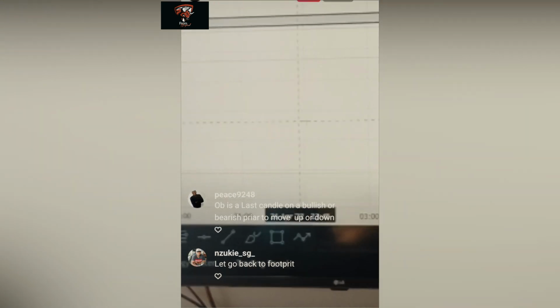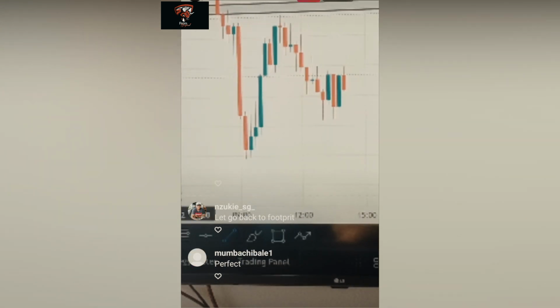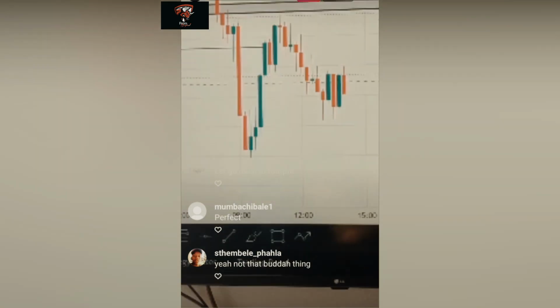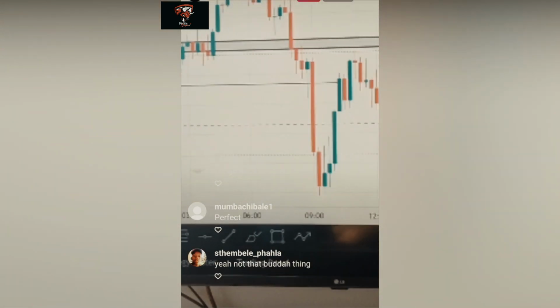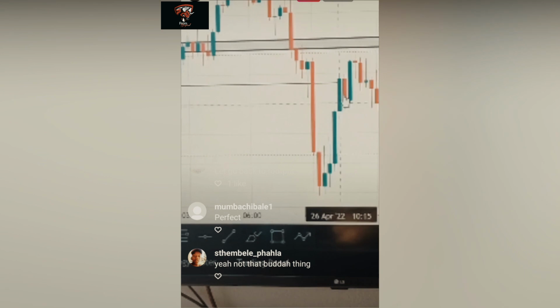So we have something of this nature, right? Where there was a break of structure, but not only that, we had this engulfer that left an imbalance that price would need to come back into.